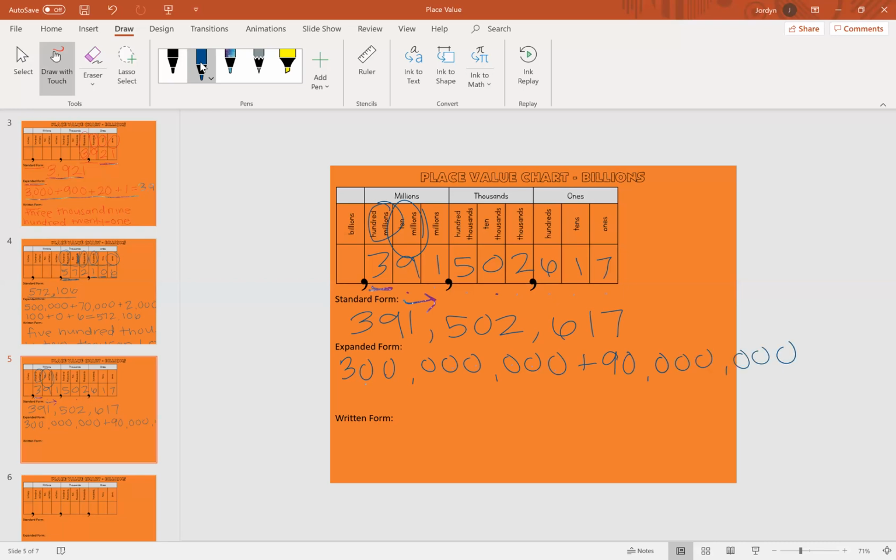So how did I know how many zeros to put? My 9 is here in the 10 millions. However many place values I have to the right, I count. There's 1, 2, 3, 4, 5, 6, 7. No, 7. I'm sorry, guys, I counted wrong. So there's 7 zeros behind my 9. All right, let's do our next one.